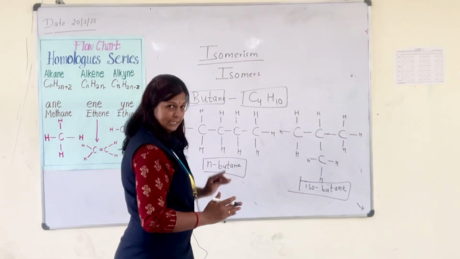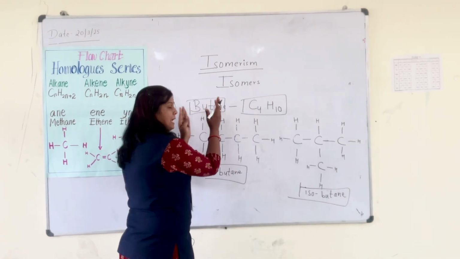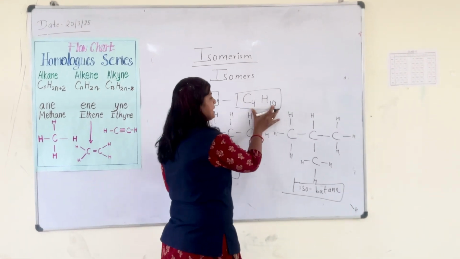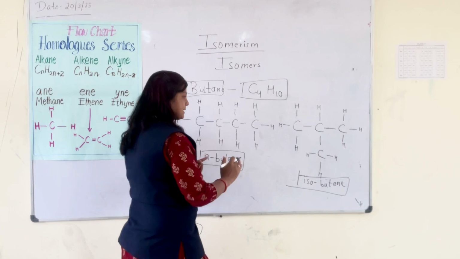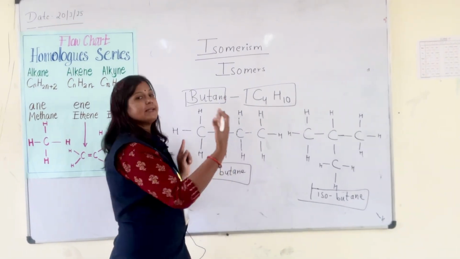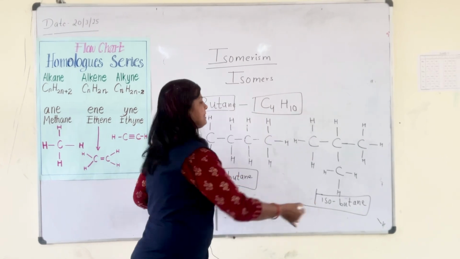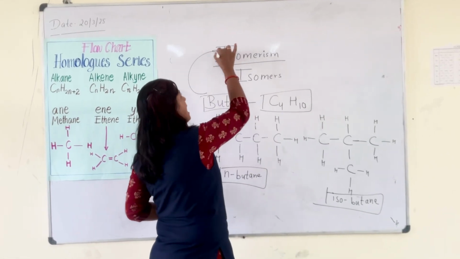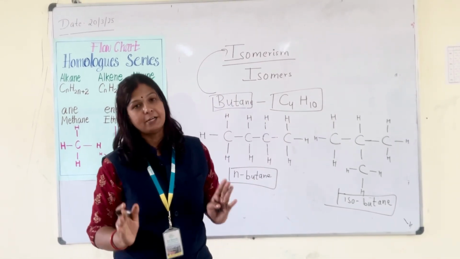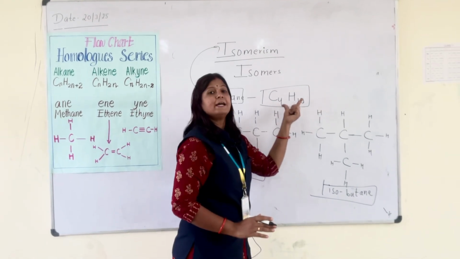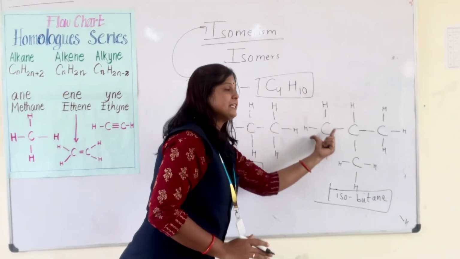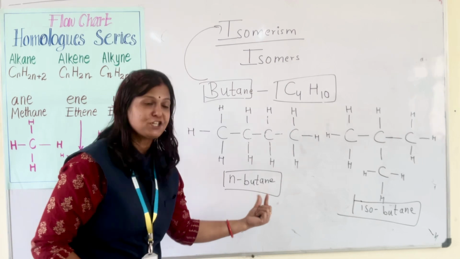Isomers are compounds having the same molecular formula but differing in the structural representation, and the phenomenon is called isomerism. Understood? Same molecular formula but differing in structural representation.